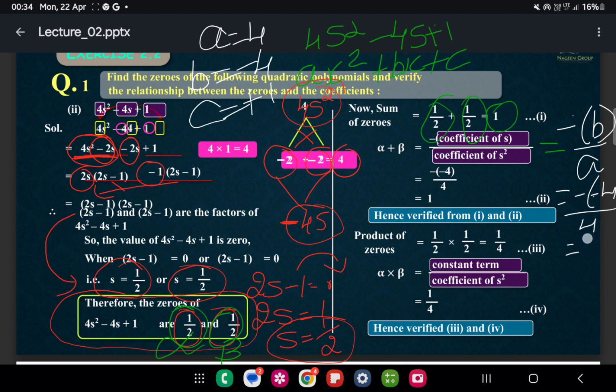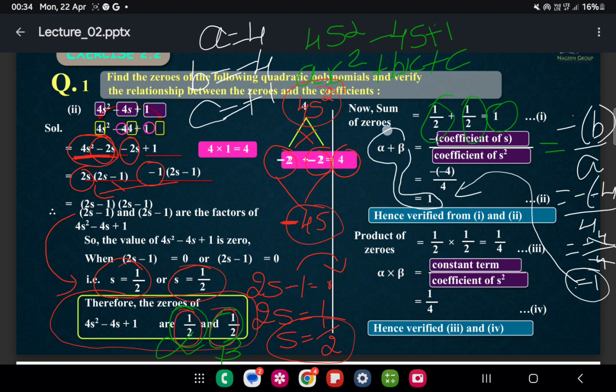Minus into minus, you will get plus 4 divided by 4. 4 will get cancelled, 1 will be the answer. So we have written here 1. Alpha plus beta equals 1. Hence it is verified that the sum of the zeros, this one and this one, both are verified.